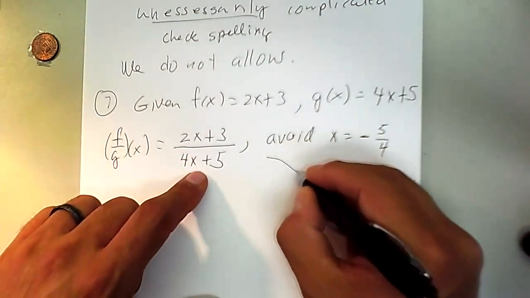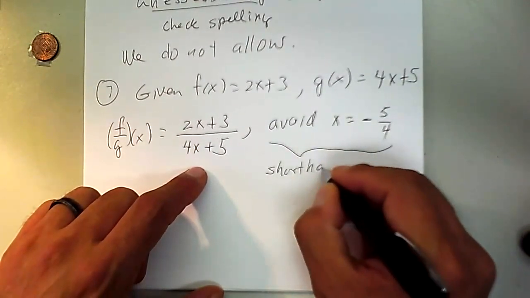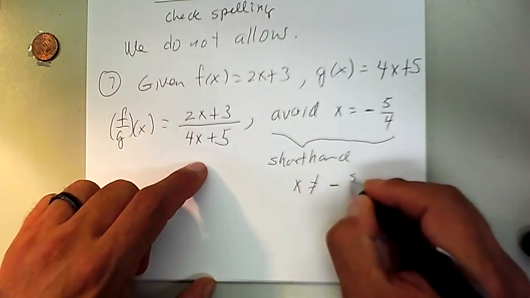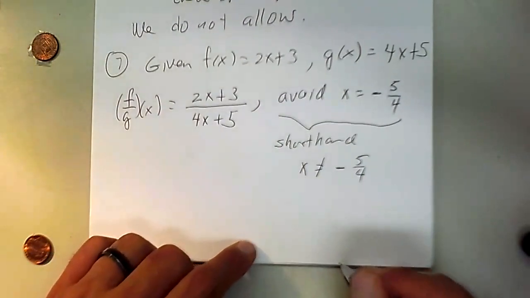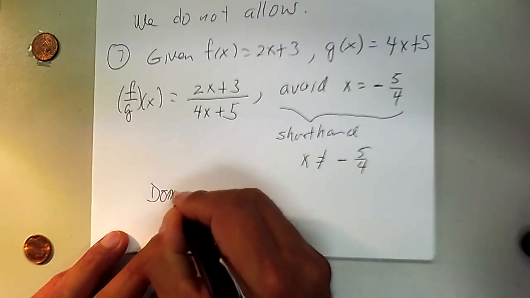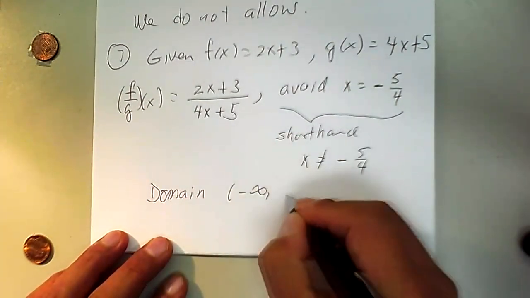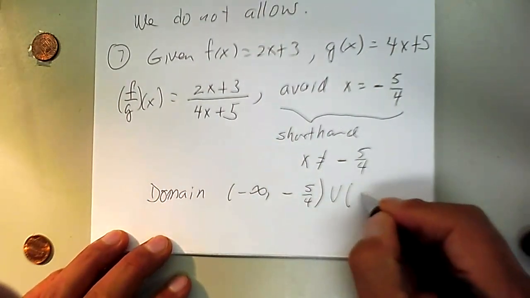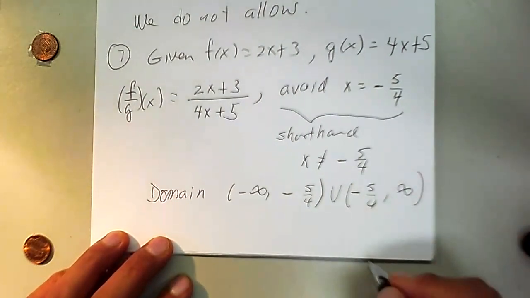There's a shorthand for this, and that would be x cannot be -5/4. So that is a shorthand. The proper way to write the domain using interval notation would be from -∞ to -5/4, close parenthesis, union -5/4, all the way to infinity.